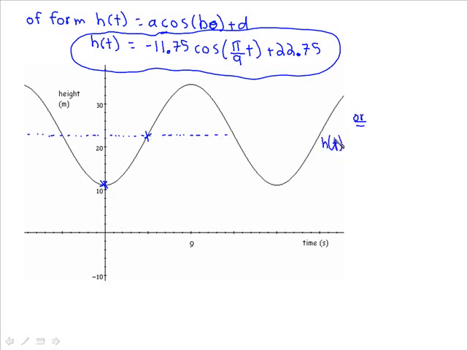So h at t is equal to a sine b t minus c plus d. So we need to find out what this point is there.